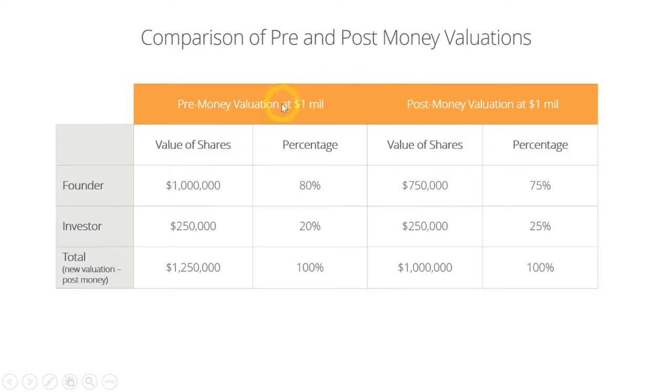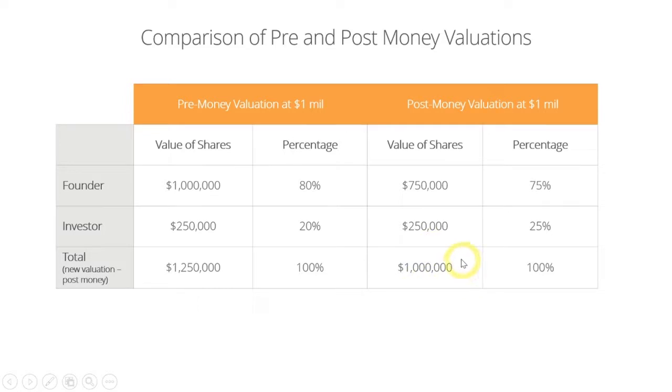So if you compare pre and post, 25, 20, 80, 75, obviously you own less of the company if you use a post-money valuation. And the investor owns a bigger percentage of your company for post-money compared to pre-money. The new valuation here also shows that your new post-money valuation is 1.25 million, which is higher, which is better. Again, you want to strike for higher company valuation.